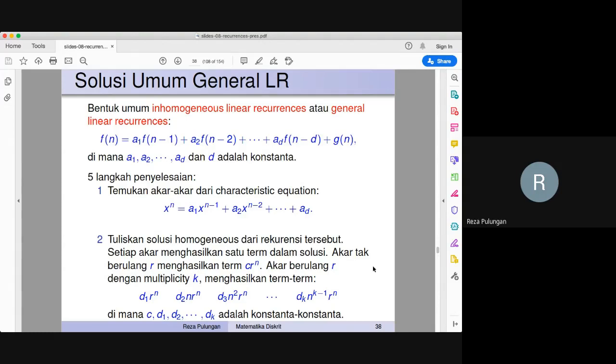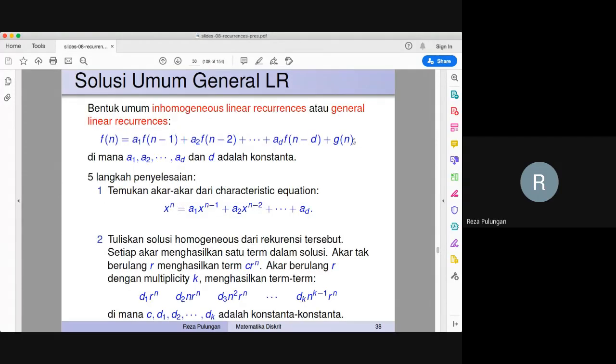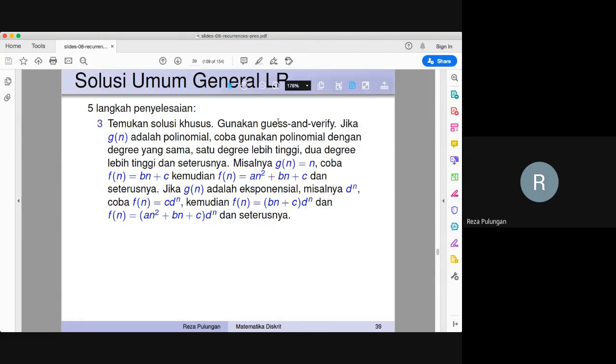Now this is something new. Find the special solution. What is the special solution? This is the solution that has something to do with this inhomogeneity. The inhomogeneity basically arises out of this function Gn. So you will try to do this: use guess and verify. If Gn is a polynomial, you know a polynomial?